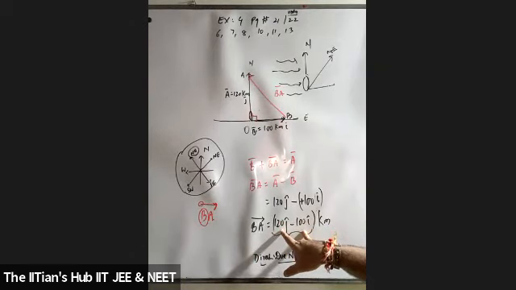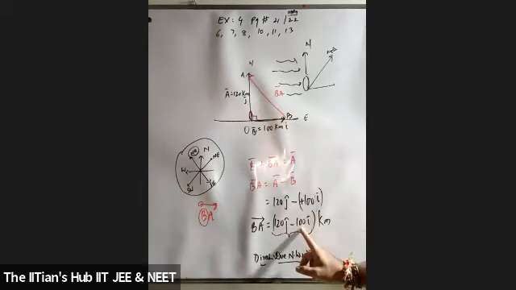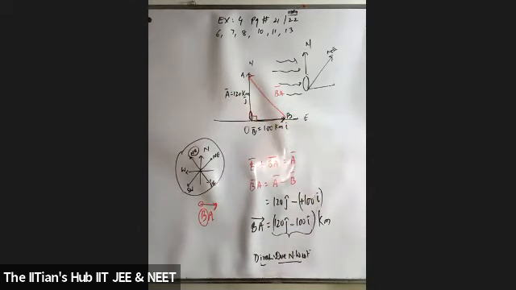Then the final answer, Meena, it's minus 100. Is minus 100 towards east or towards west? West, sir. Okay, got it. So it will be this. So it will be northwest, right? Okay, understood. So the direction is towards northwest.